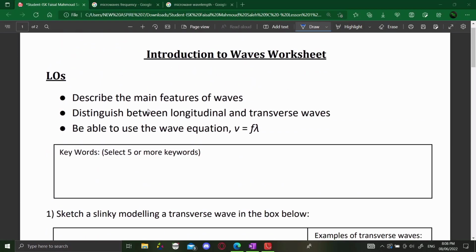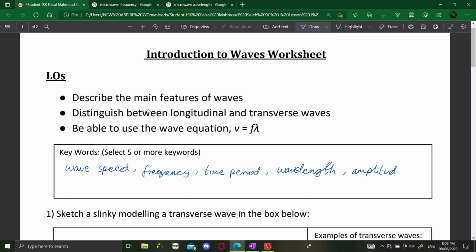So some of the words you might come across when studying about waves are the wave speed, which is essentially how fast that wave travels, its frequency, which is the number of oscillations per second, its time period, which is the time it takes to complete one cycle of that wave, the wavelength, which is essentially how long one complete wave cycle is, and its amplitude, which is the maximum displacement from the equilibrium position.